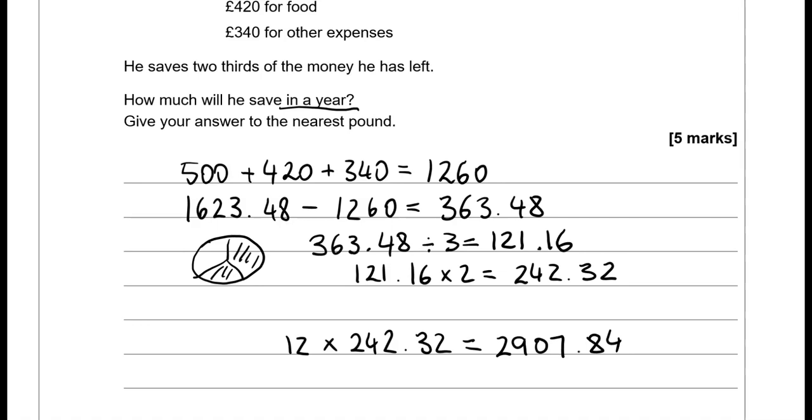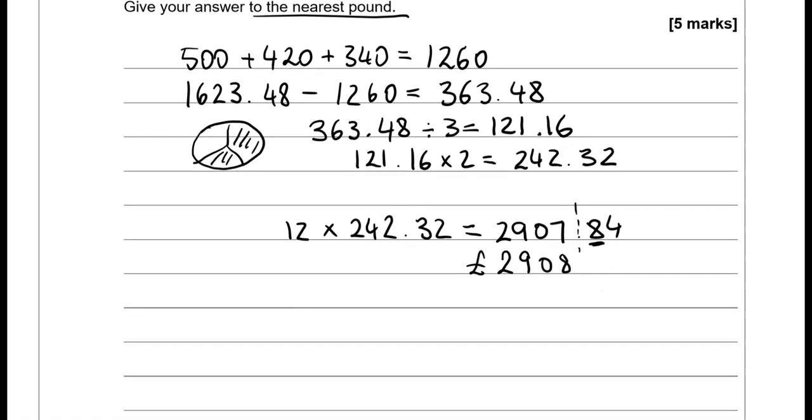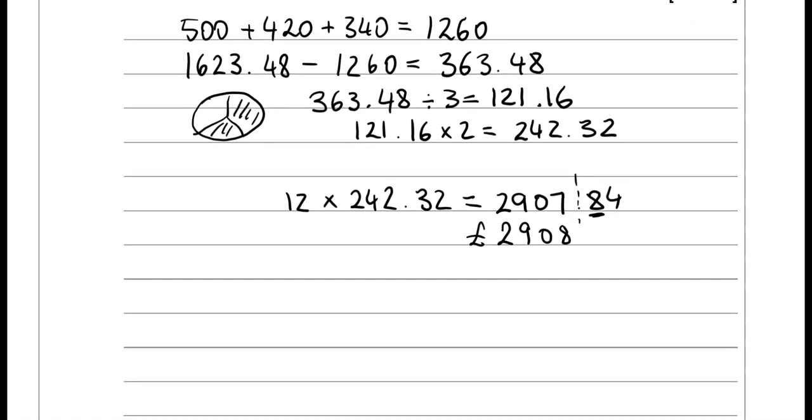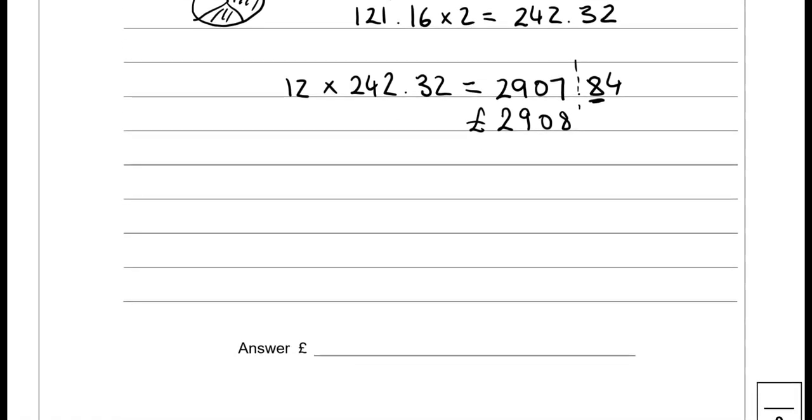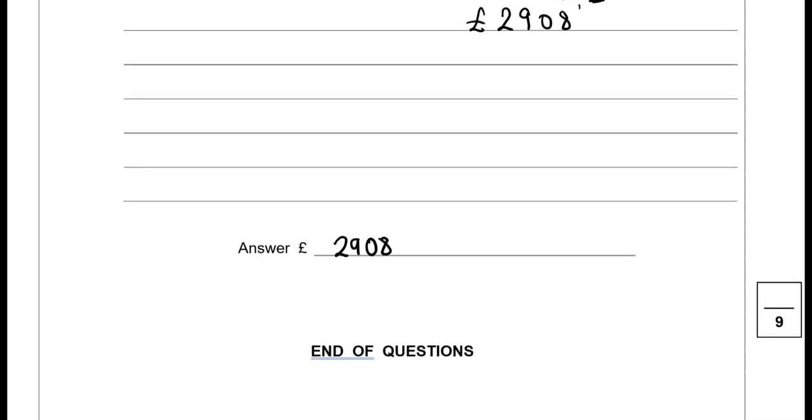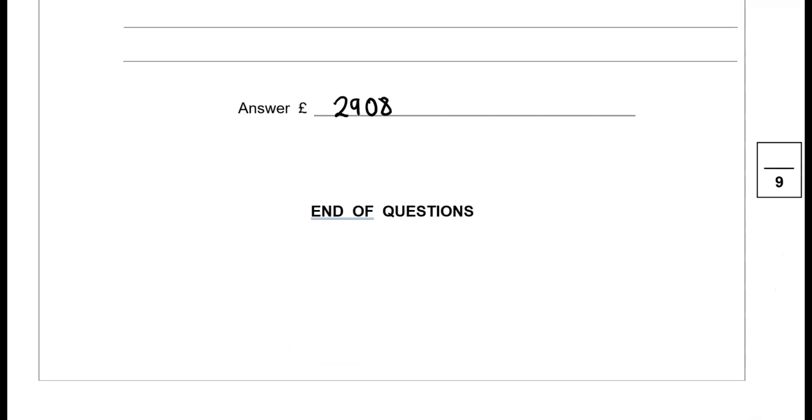We've got to give the answer to the nearest pound, so we've got to cut it off here, but looking at the digit on the right of 7, we've got an 8. That means we're going to round this up to 8. So £2,908 is the answer. And this is the end of the paper.